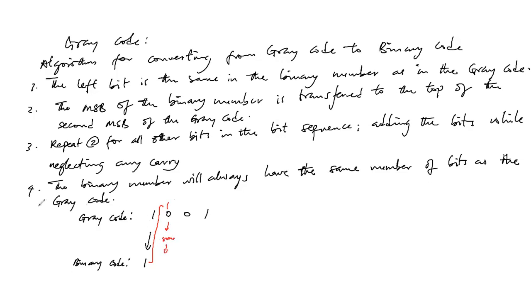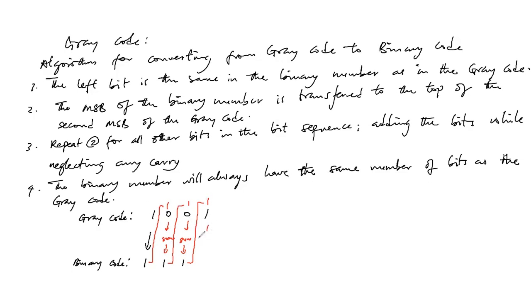Then what do we have? 1 plus 0 is 1. And then remove this again, and we add: 1 plus 0 is also 1. Then this again, which is 1.